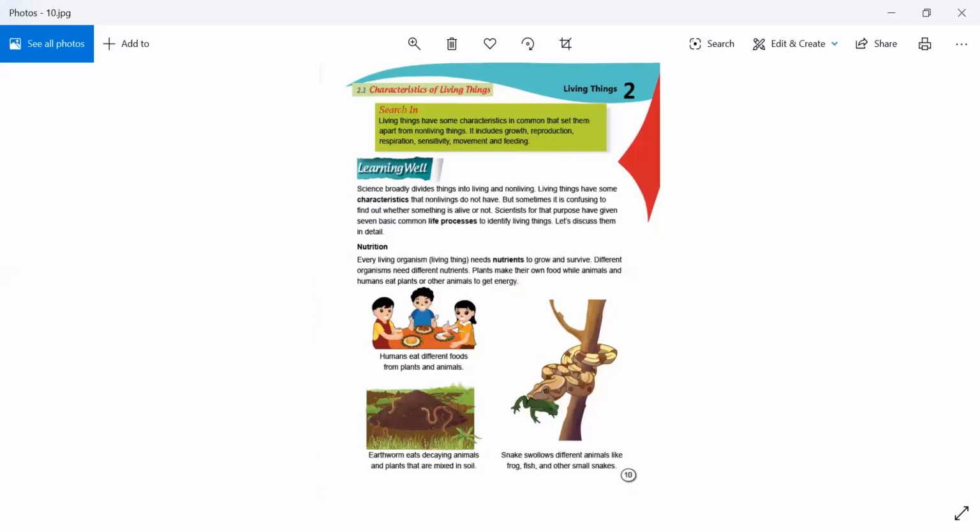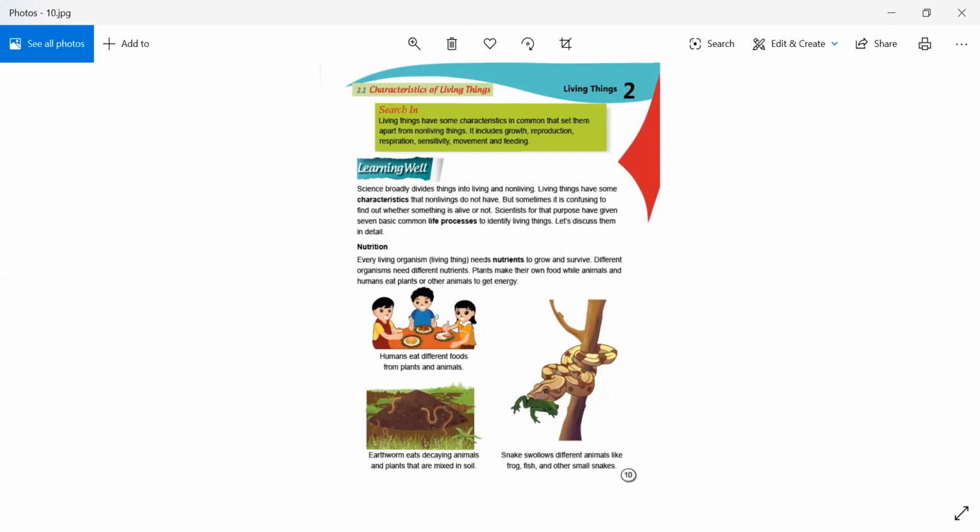Science broadly divides things into living and non-living. Living things have some characteristics that non-living things do not have. But sometimes it is confusing to find out whether something is alive or not. Scientists, for that purpose, have given 7 basic common life processes to identify living things.